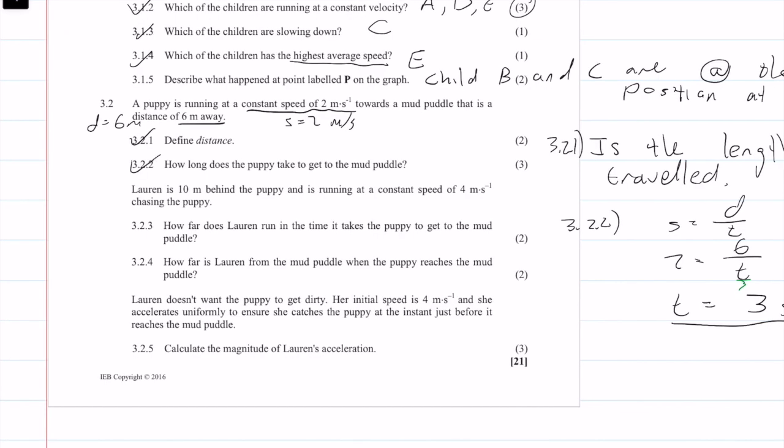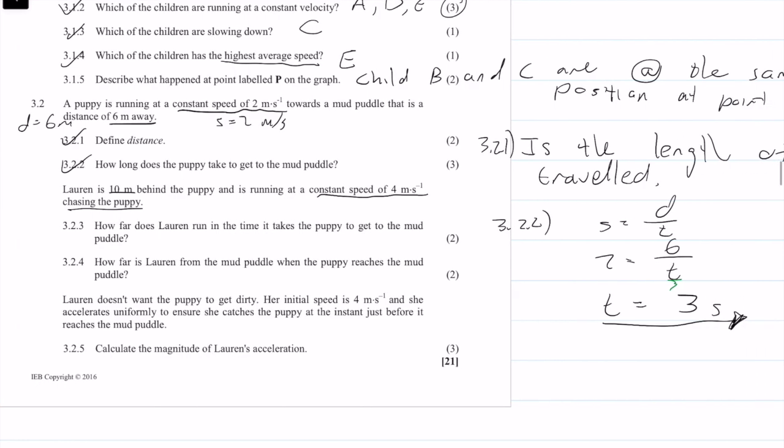Okay, but anyway, Lauren is 10 meters behind the puppy and is running at a constant speed of 4 meters per second, chasing the puppy. How far does Lauren run in the time it takes the puppy to get to the puddle? Okay, again, 3.2.3, we can use the same speed equals distance over time.